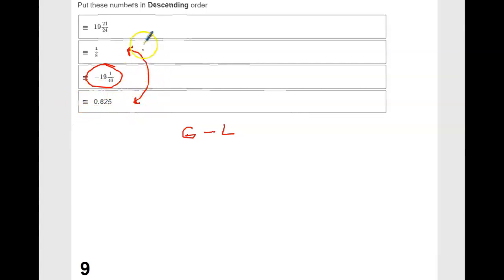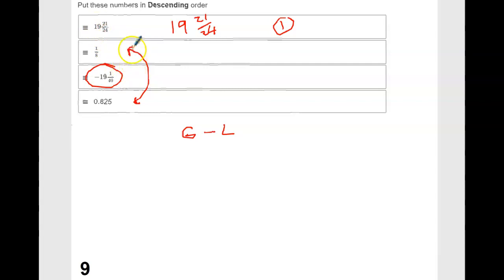So they are just automatically going to be smaller than this mixed number right here. So without even changing any of these into decimals, I know that 19 and 21/24 is going to be my number one. It's going to be my biggest because it's the only one that has a whole positive number in it.